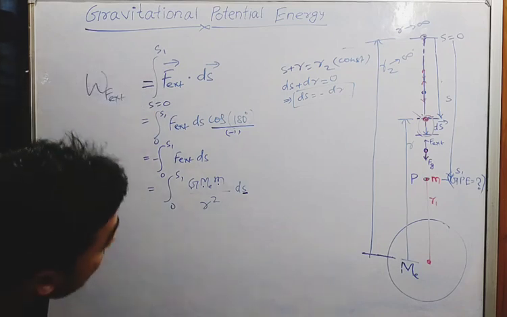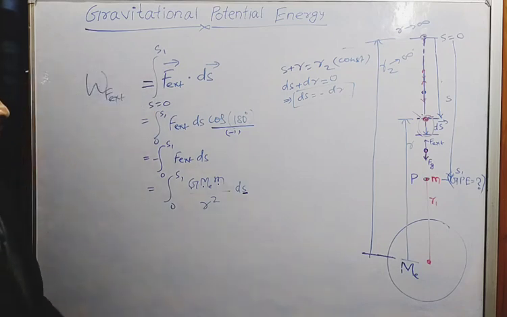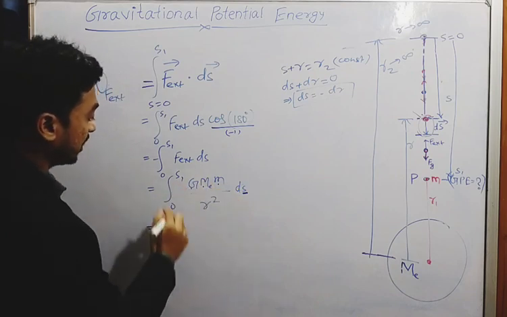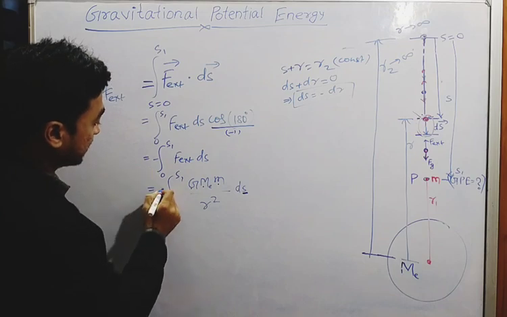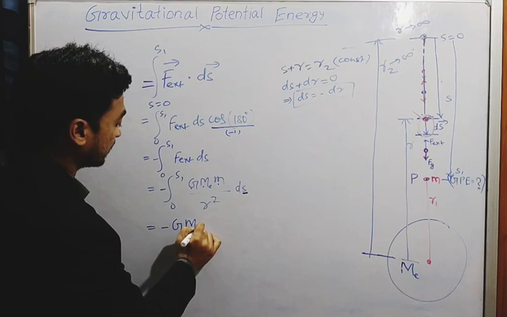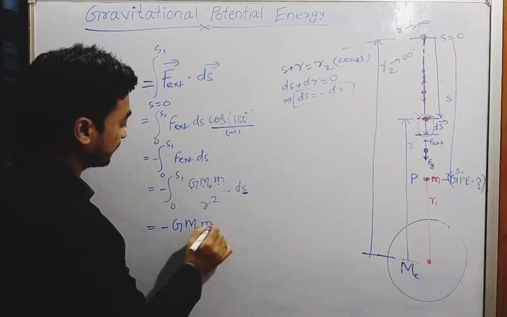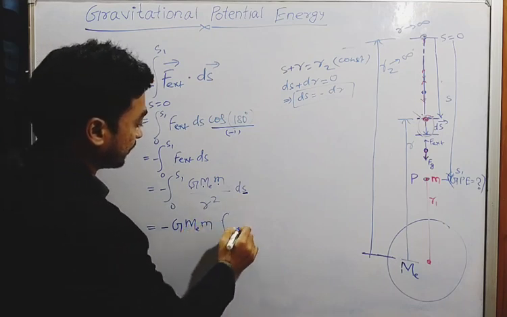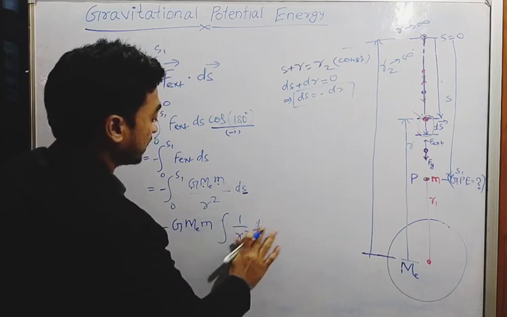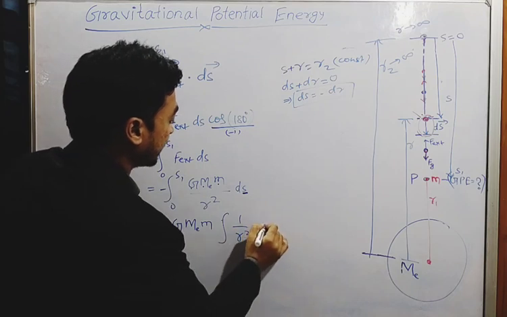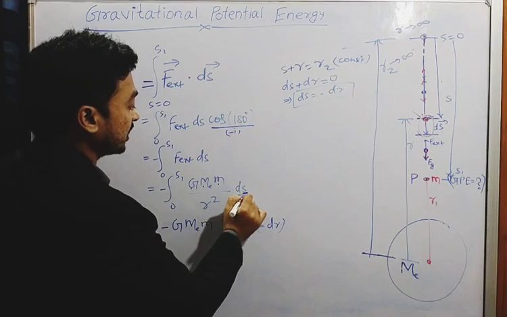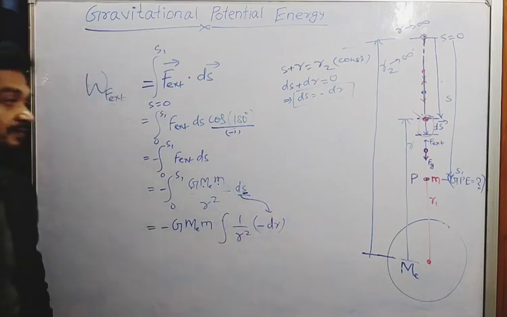Fine. Put it there and take this term outside. Minus G mass of earth, mass of object, 1 by r square, and minus of dr. At this place we are putting this term.